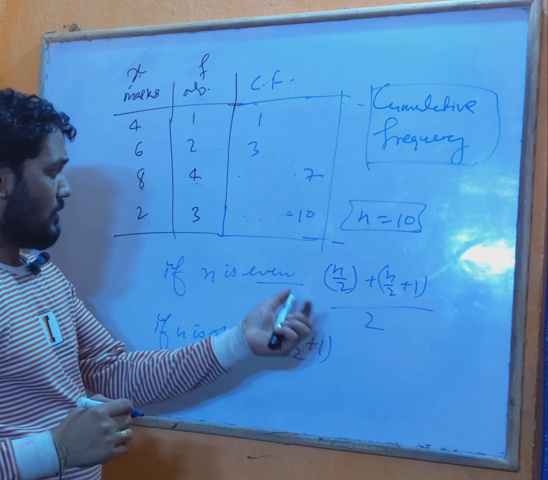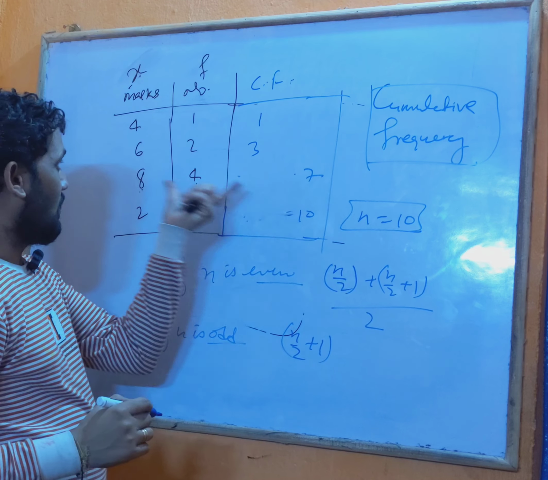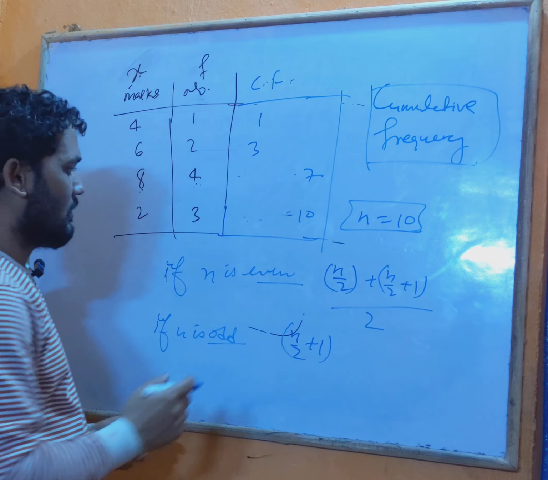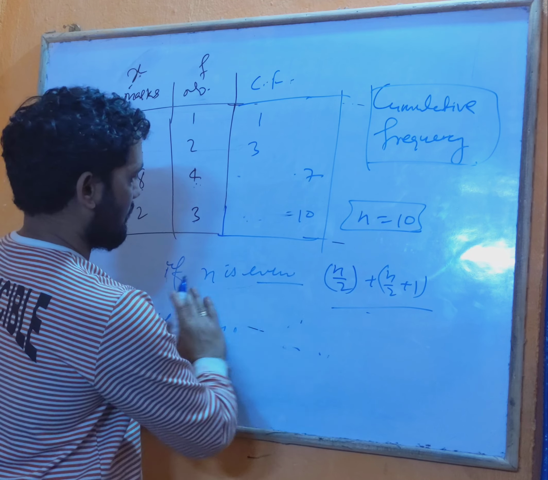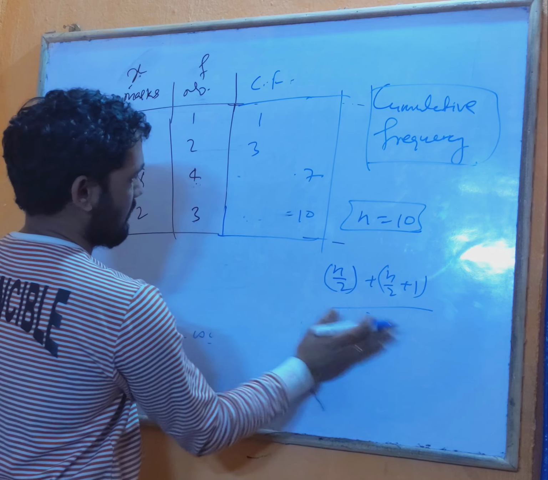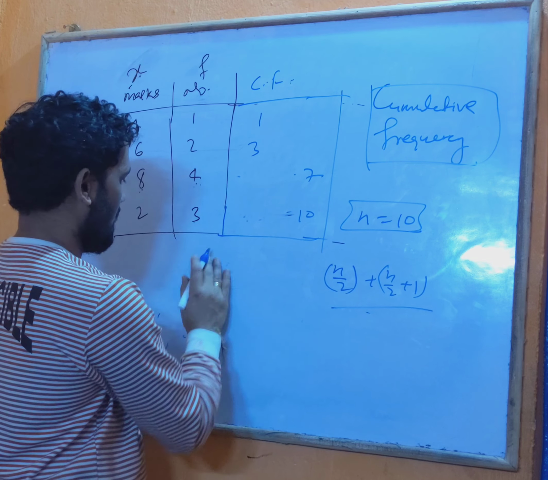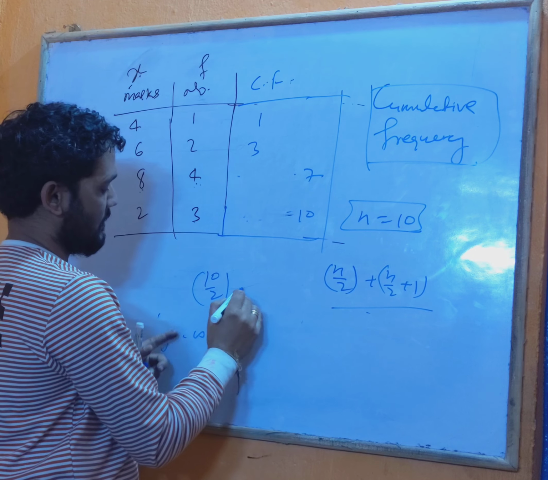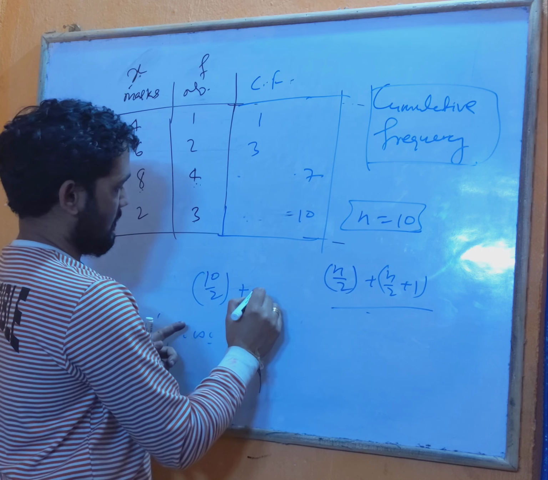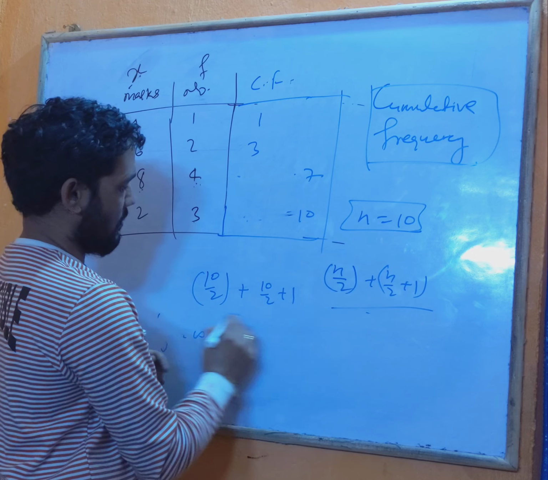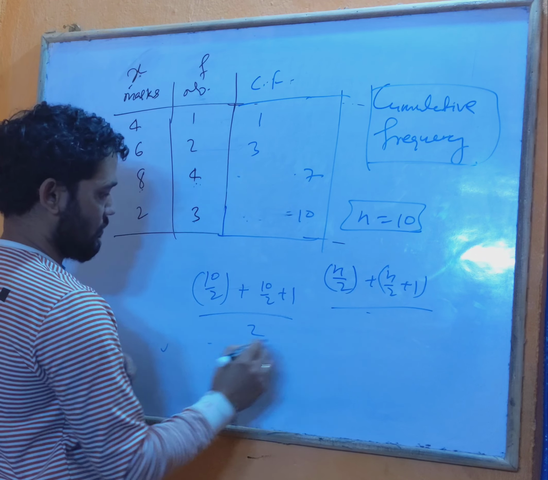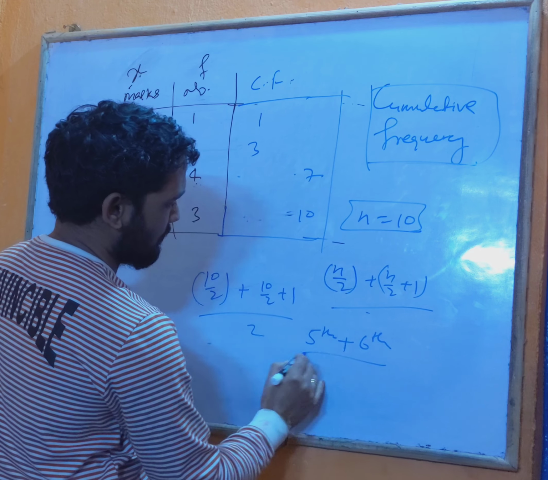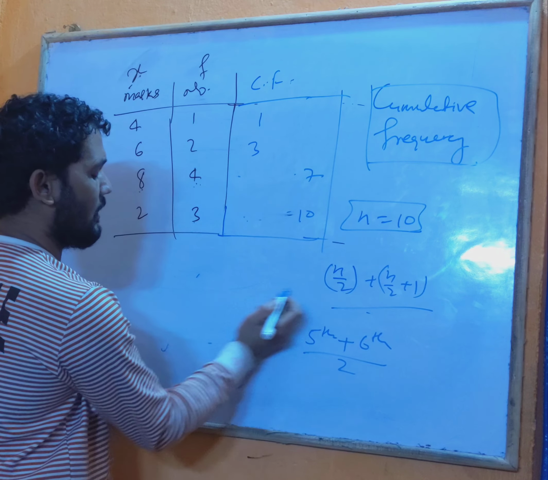What is the median for this data? The 10 by 2 observation and the 10 by 2 plus 1 observation divided by 2. So the fifth observation and the sixth observation divided by 2.